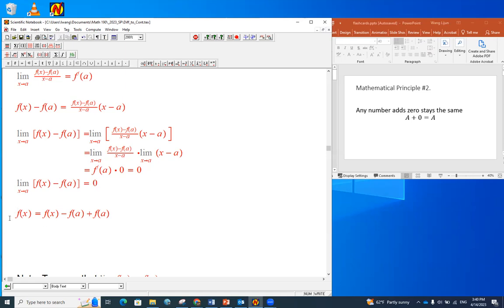Then we take limits on both sides. This is the limit setting. This is not a limit setting. So we make this by adding zero. Now we take the limit on both sides.